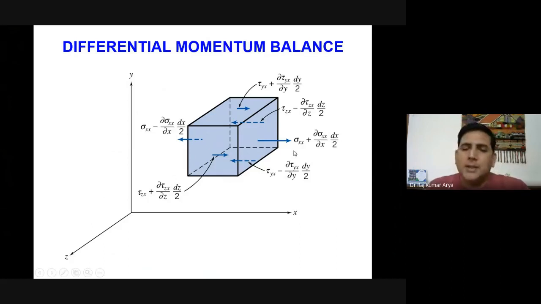Wherever your direction and plane are both the same, it will become a normal stress, because it will no longer be parallel to the surface. It is normal, because if you see here the direction is plus x side and the plane is also plus x. So it will become a normal stress, either for expansion or for contraction. This normal stress will try to either compress or expand the fluid.